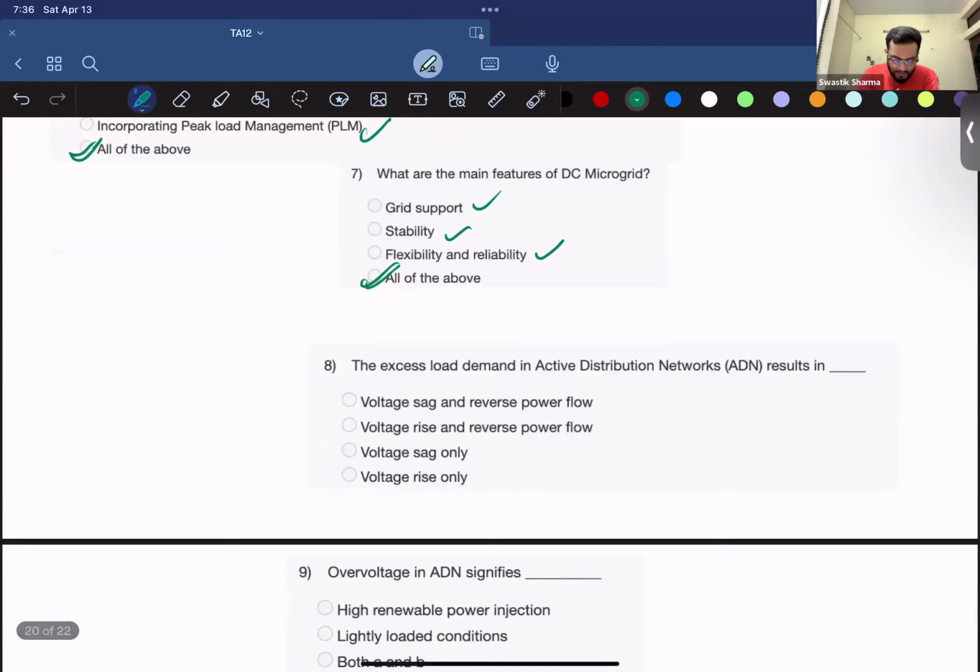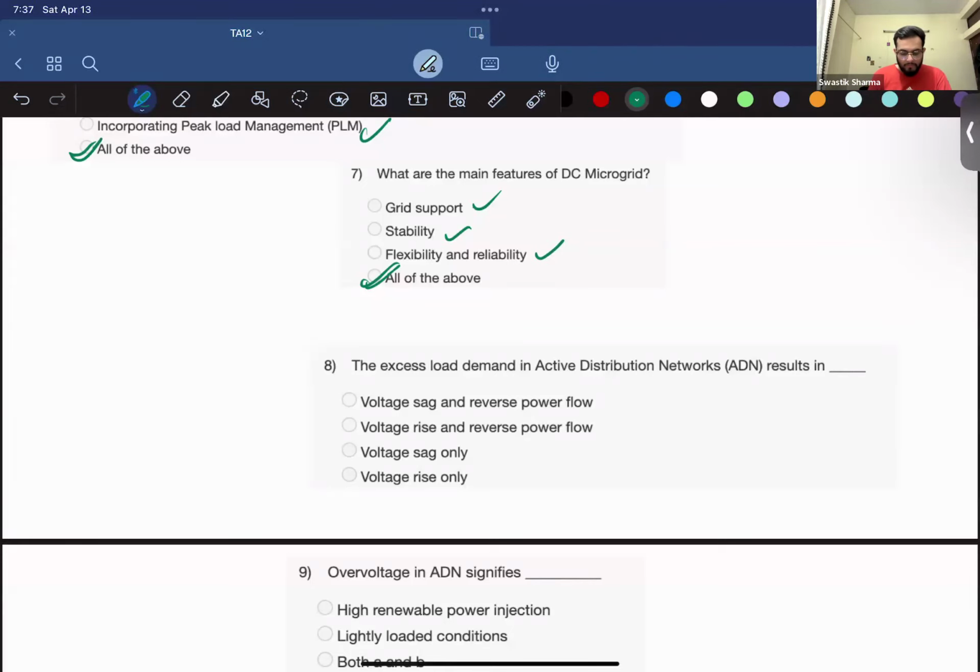Now, what are the main features of a DC microgrid? When someone talks about features, it's always D. You want grid support, you want flexibility, you want stability, and reliability. So all of the above is the correct answer. Eighth, the excess load demand in ADN results in... Voltage sag means your voltage starts going down, and reverse power flow is when power flows back to the main grid.